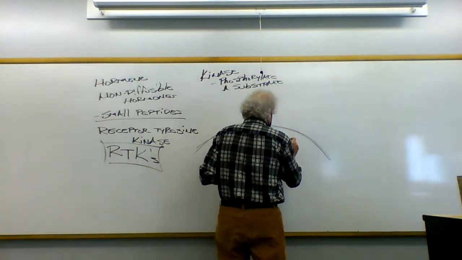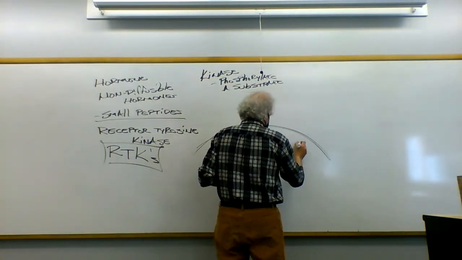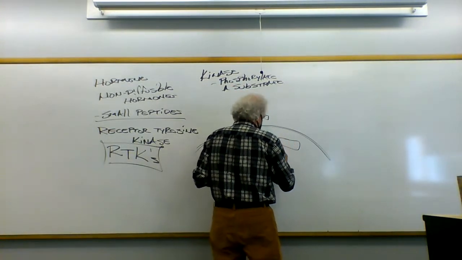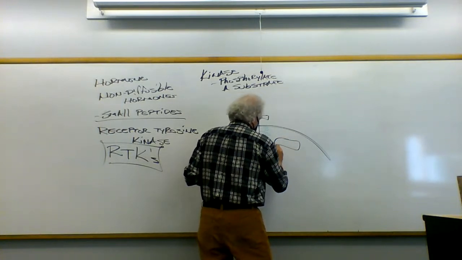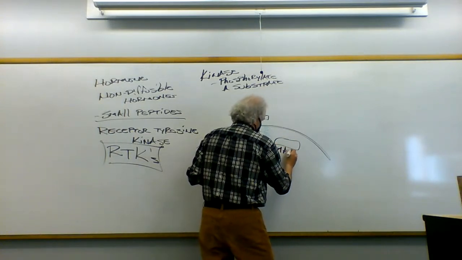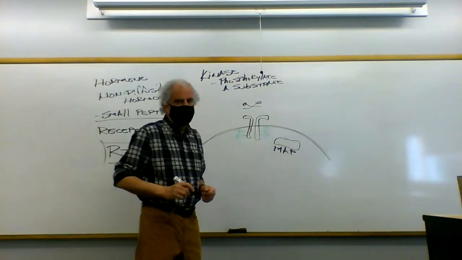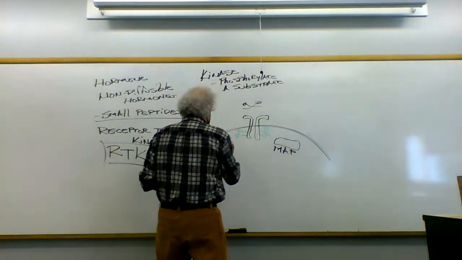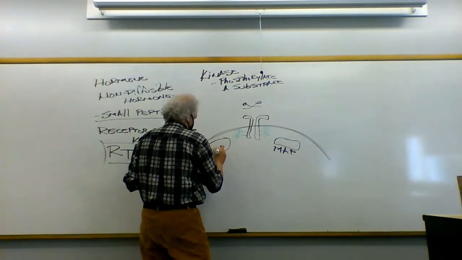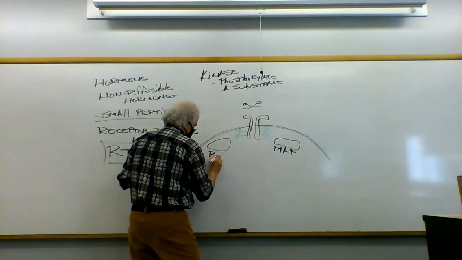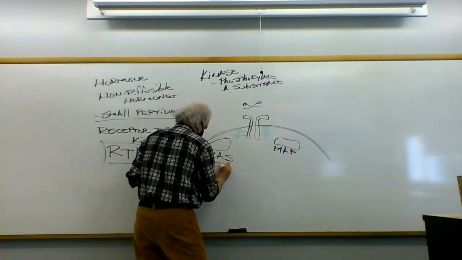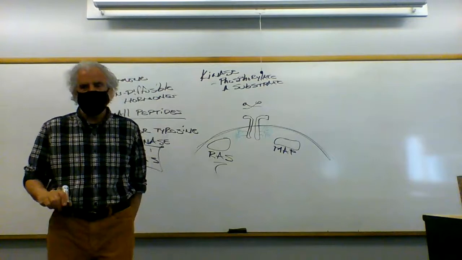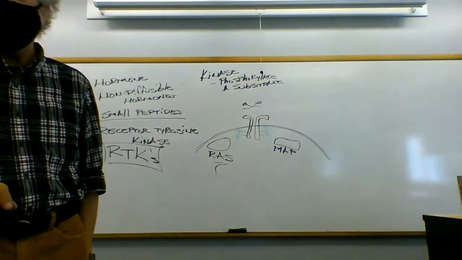And just as an example, but not exhaustive, there is a protein known as MAP, or mitogen activated protein kinase. Another protein that we'll be looking at in a bit is a protein known as RAS, which is the abbreviation of the Rous avian sarcoma virus.